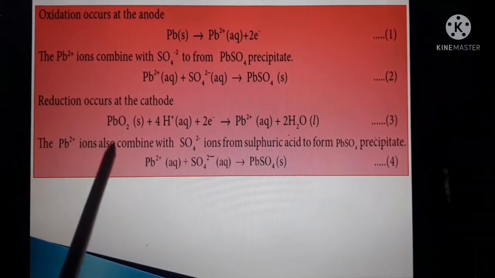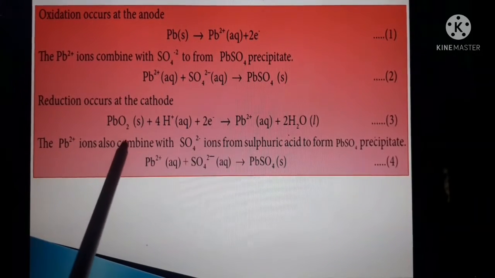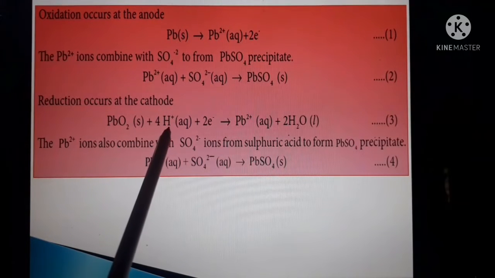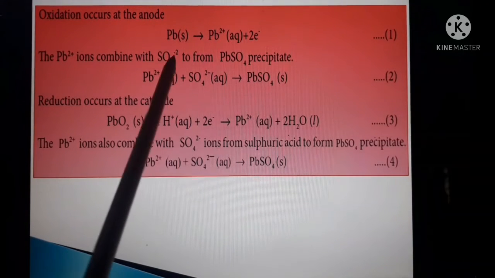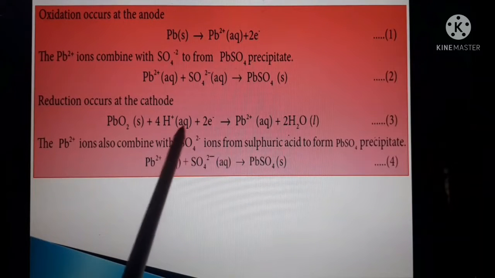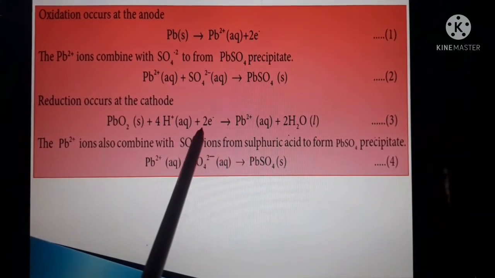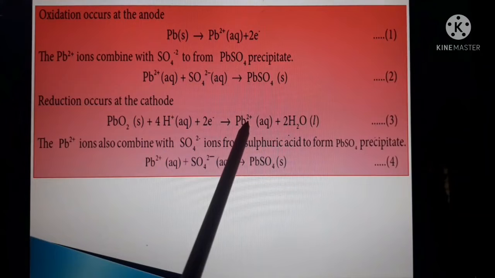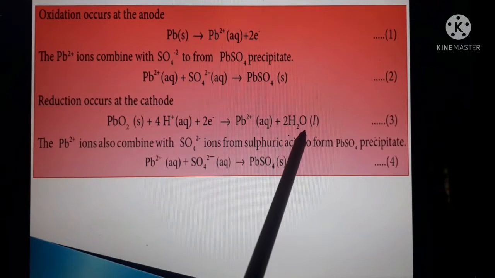The reduction occurs at the cathode. Reduction at the cathode means lead oxide plus H plus from the acid, and 2 electrons. These 2 electrons are accepted by lead oxide, which is converted to lead 2 plus ion and H2O.